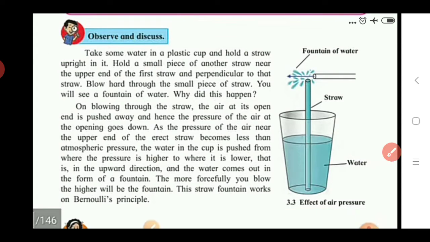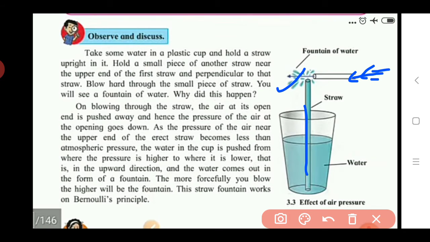You blow the air forcefully inside that small straw. Then what happens? When we blow the air through this straw, a fountain appears at the open end of the straw which is kept inside the water.